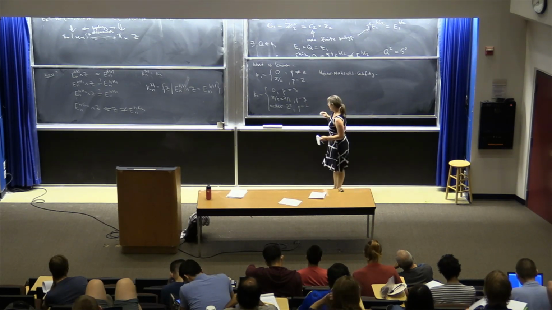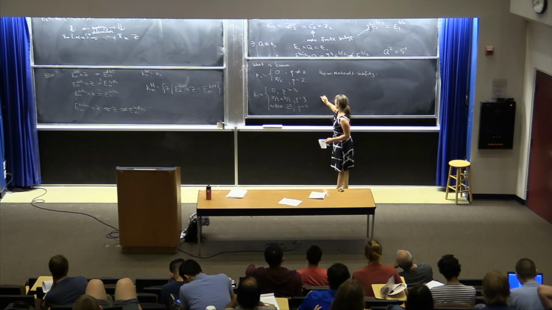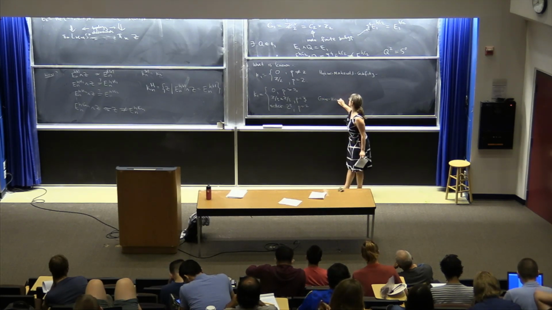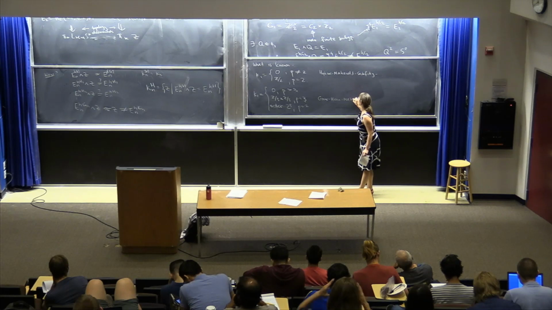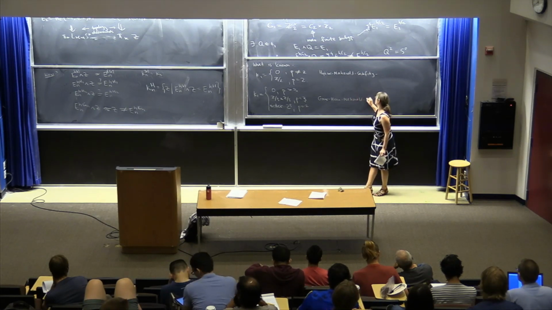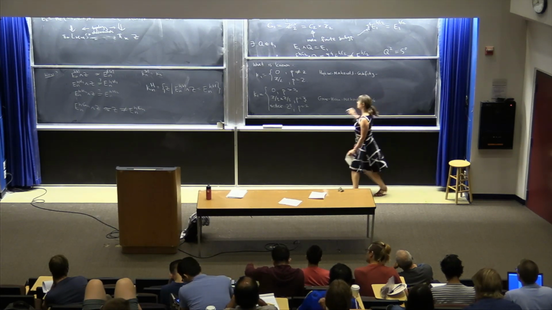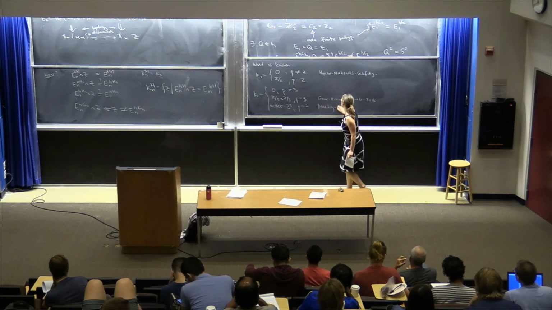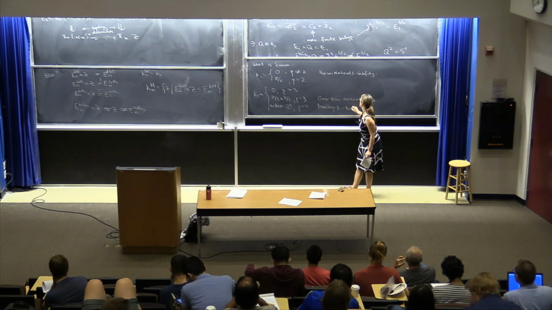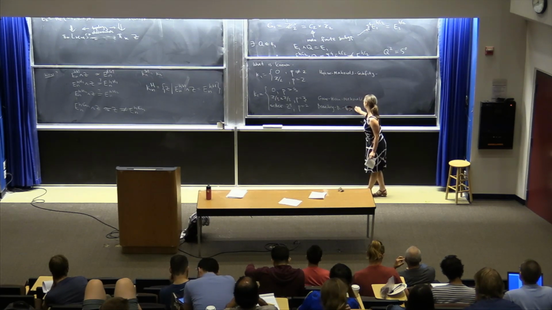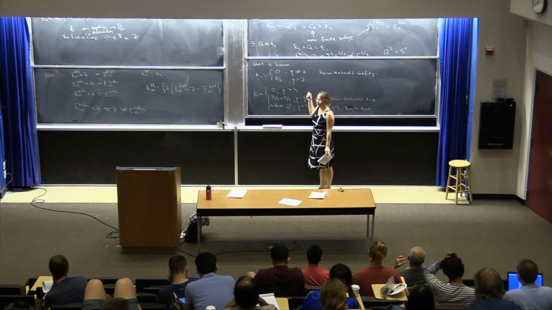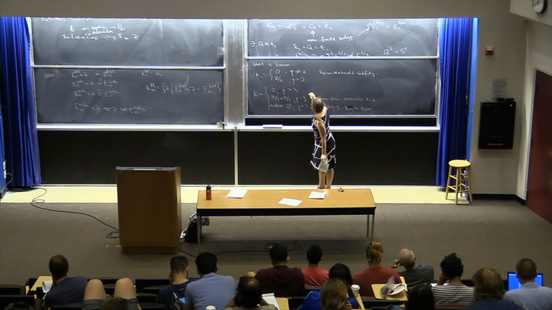Okay. And, okay, so what are the names? So this is Goerss, Henn, Mahowald, and Rezk. This is us. Karmanov and these people? Okay.